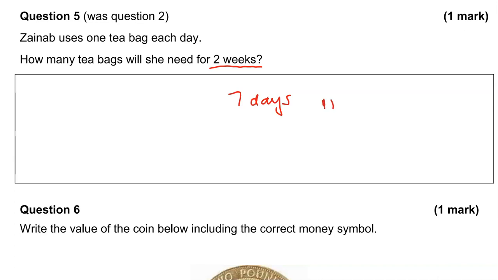So 1, 2, 3, 4, 5, 6, 7. 1, 2, 3, 4, 5, 6, 7. So that is 14 days in 2 weeks. And she uses 1 tea bag each day. So that will be 14 tea bags.